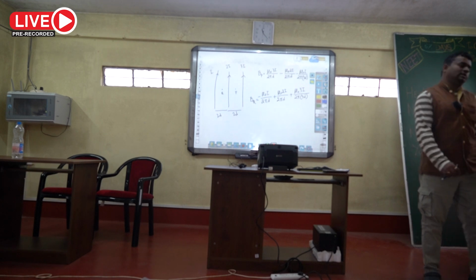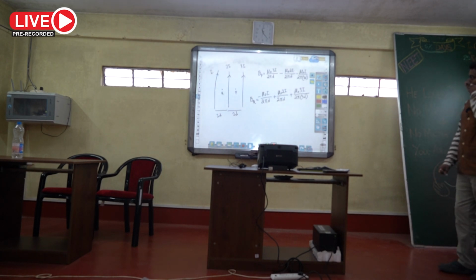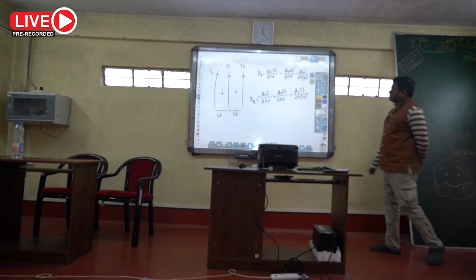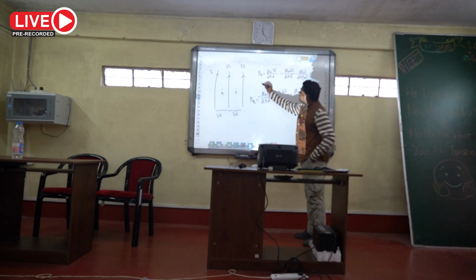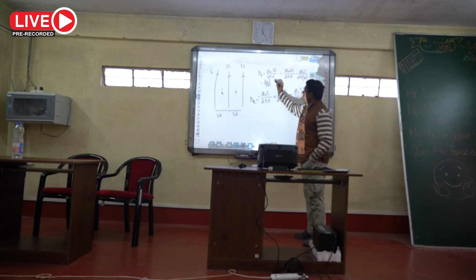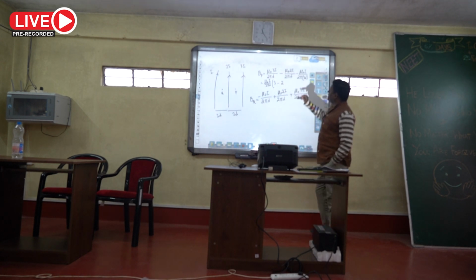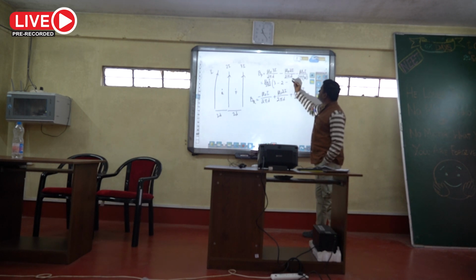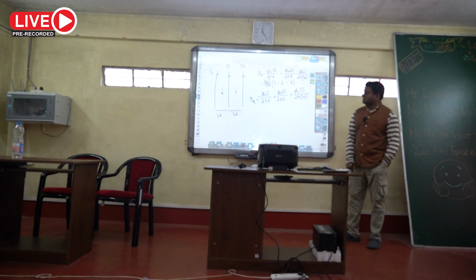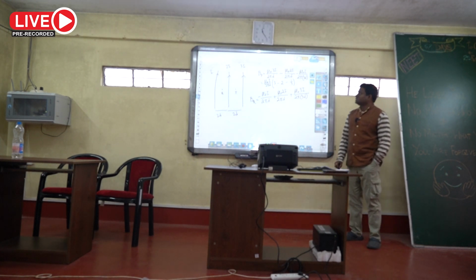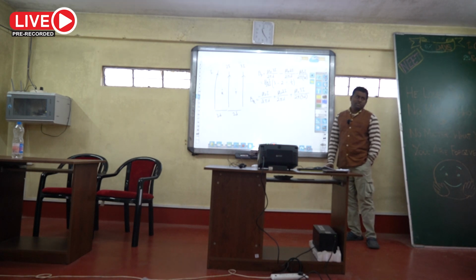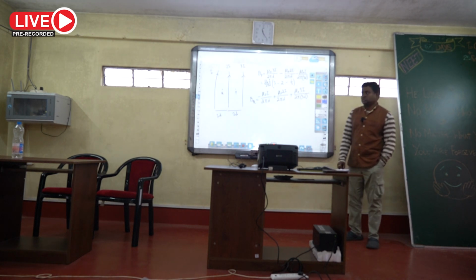And then calculate and take the ratio. If you take mu naught I by 2 pi d common, then it will be 3 minus 2 minus 1 by 3, that is 1 minus 1 by 3, that is 2 by 3.